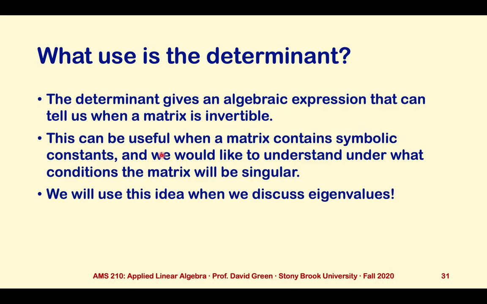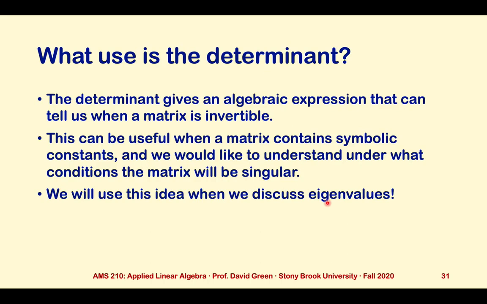And we saw that when we tried to derive a general form for the 3 by 3. The Laplace expansion approach, for example, gives a much cleaner way to get an expression that tells us when a matrix will be invertible when we have these symbolic constants within the matrix, more than one or two. We are going to find this to be very important when we discuss eigenvalues in our subsequent unit.